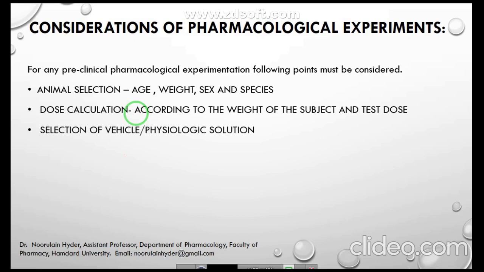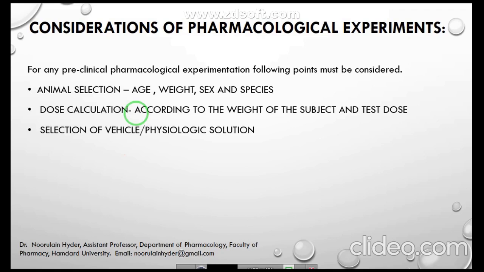Third is selection of vehicle or physiological solution. Most commonly used vehicle for making dilution of different drugs and physiological solution is normal saline. So, in short, vehicle is like normal saline which dilutes the drug or the compound.